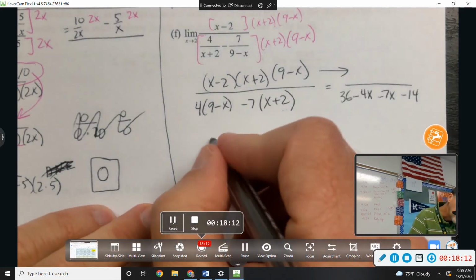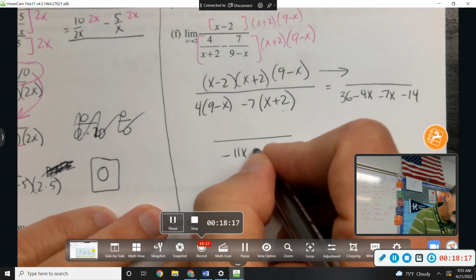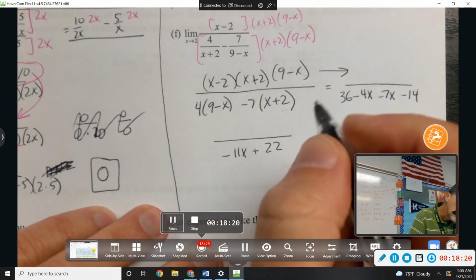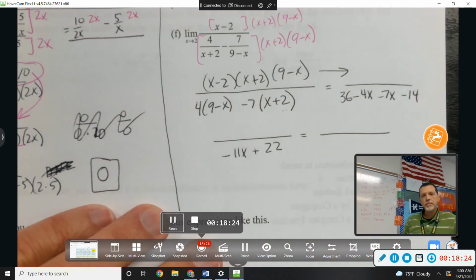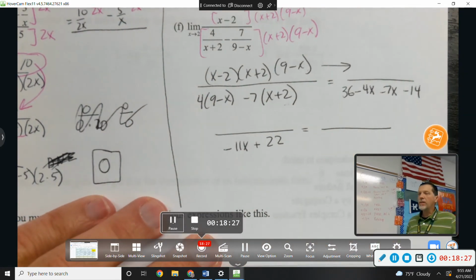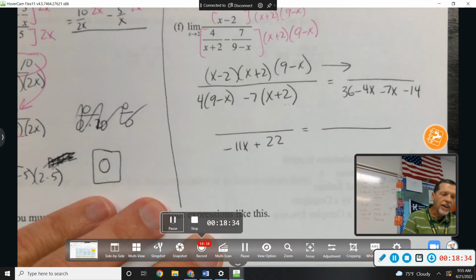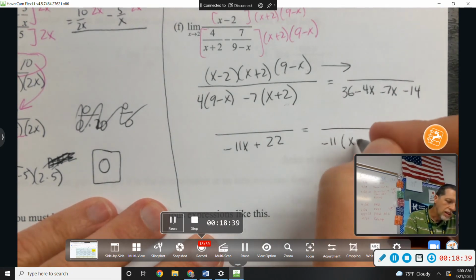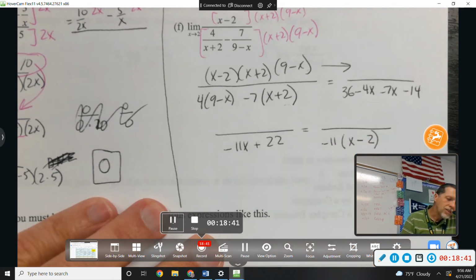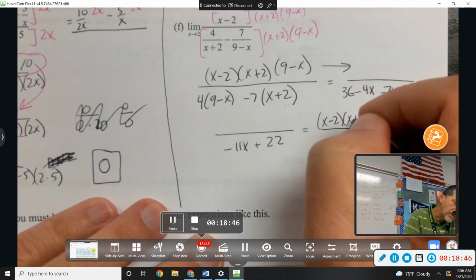So that would be negative 11x plus 22. So how can I further factor the bottom? What could I take out of negative 11x plus 22? Negative 11. And that would leave x minus 2, which is good news because I look in the top and there's an x minus 2 sitting there.